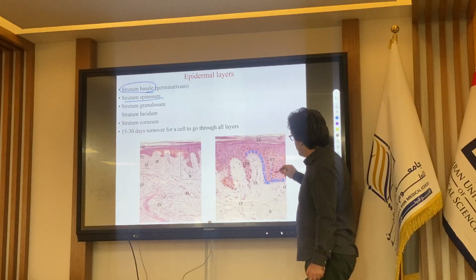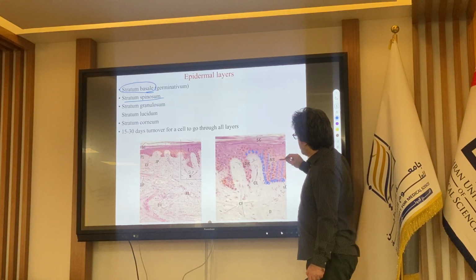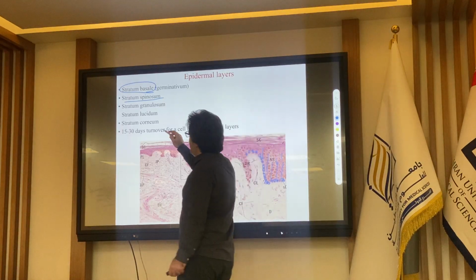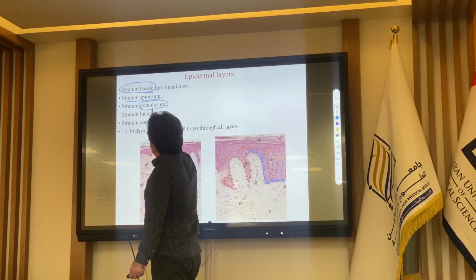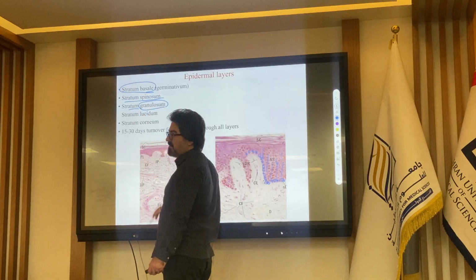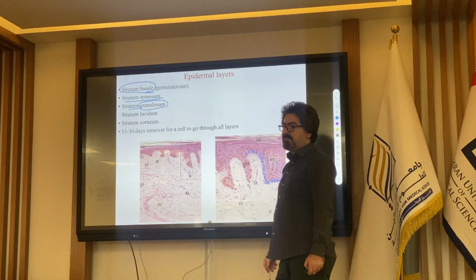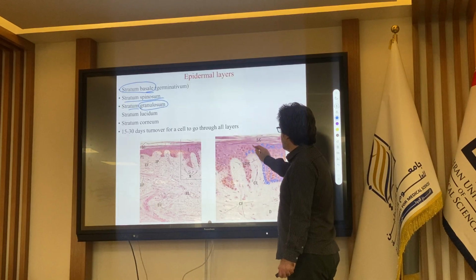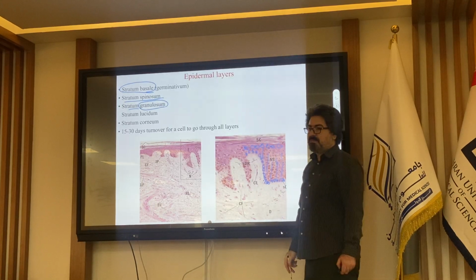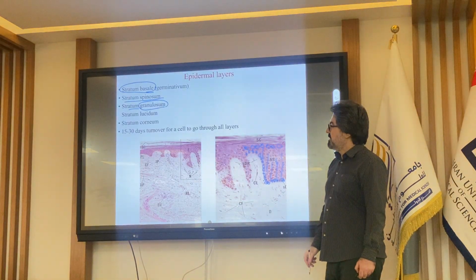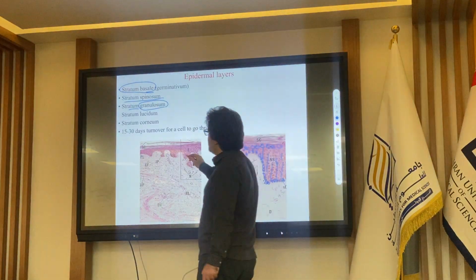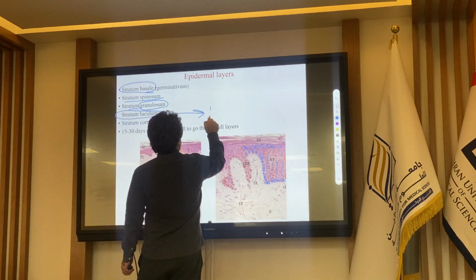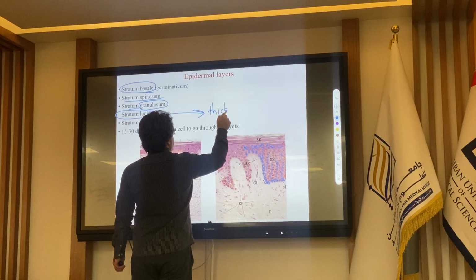These cells here, all these cells are the spinous layer. The third layer is the granular layer or stratum granulosum. Cells located here are the granular layer. After that, there is another layer that is unique just in thick skin.